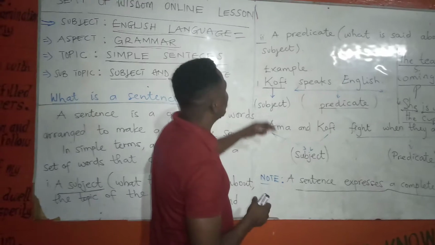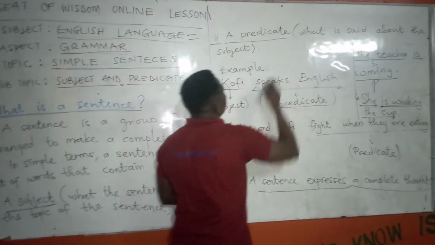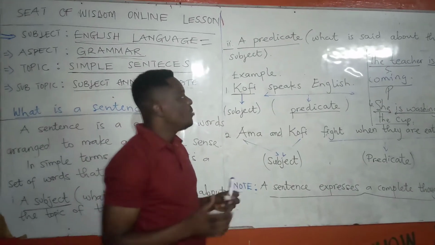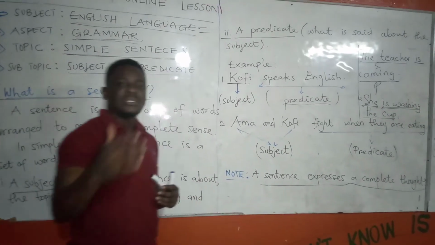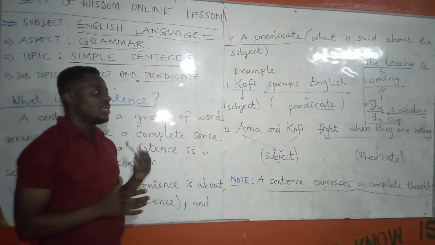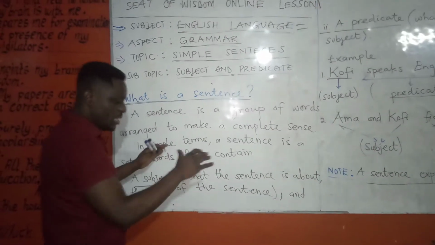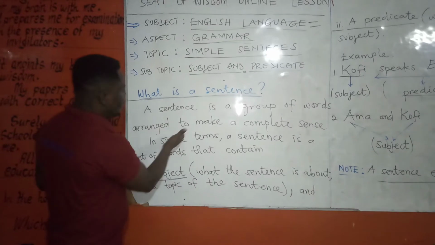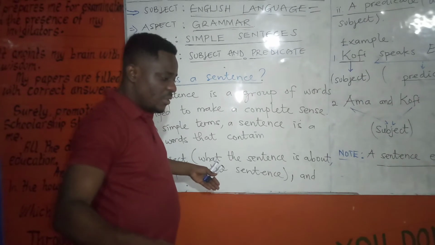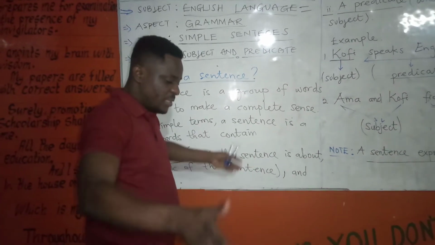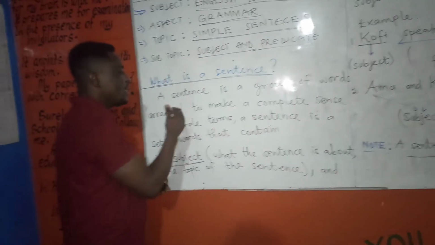Now, the second aspect you can talk of is the predicate. What is a predicate? Predicate is what is said about the subject. Let's go back. We have said that a sentence is a group of words arranged to make a complete sense. So words that are put together to create an understanding or to bring home an idea is what we call a sentence.